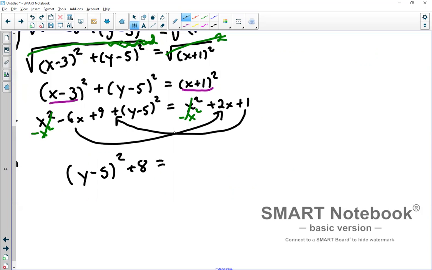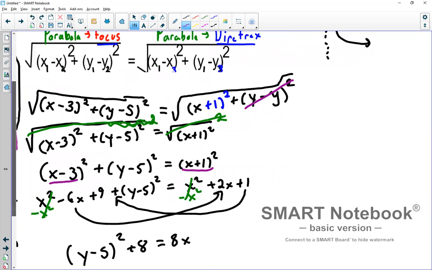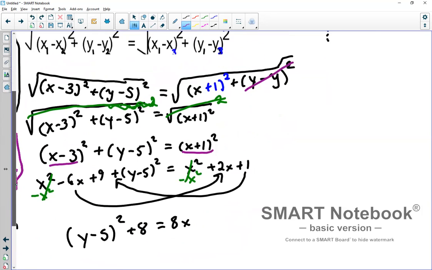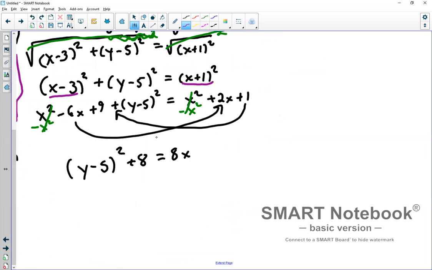So plus 8 equals negative 6x. You're going to have to add it. So 6x plus 2x, 8x. We're almost there. The last thing we need to do is get the x by itself. And remember, it's the x we're isolating, not the y, because this is a sideways parabola. If it was a vertical parabola, you would have y on both sides, and you would isolate the y.